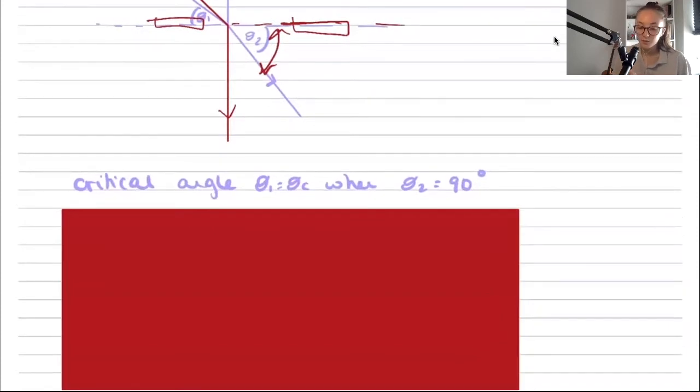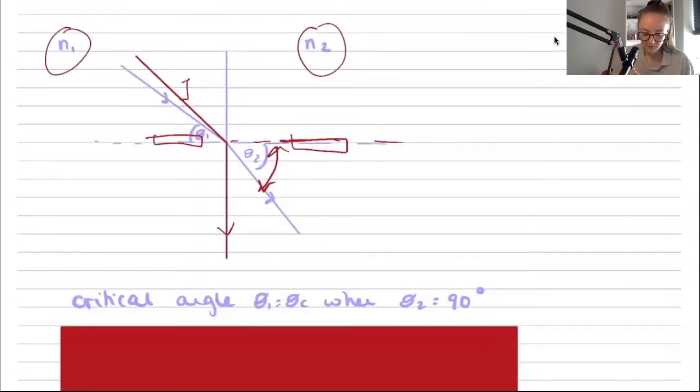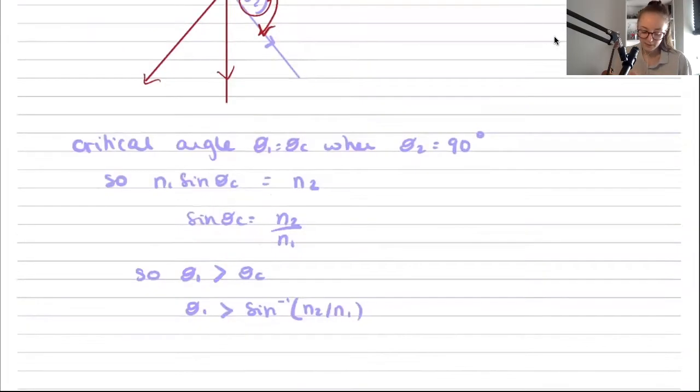And then any angle greater than that, this angle will be more than 90 degrees, so it'll come and reflect back this side. Using Snell's law that we wrote down earlier, we can say that n1 sine θc is equal to n2 sine 90, which is 1. And then we can rearrange this to get an expression for the angle down here.